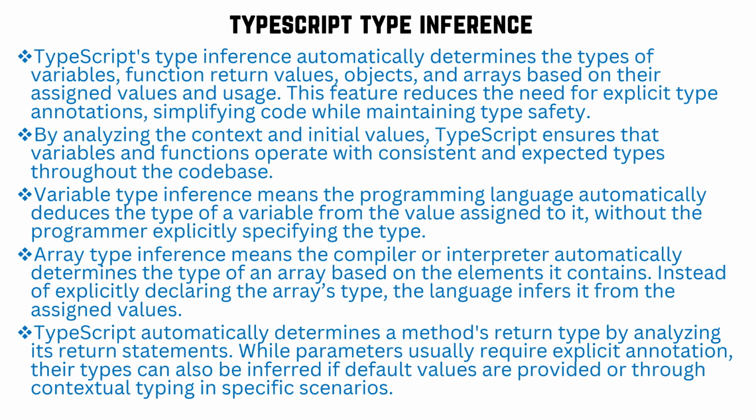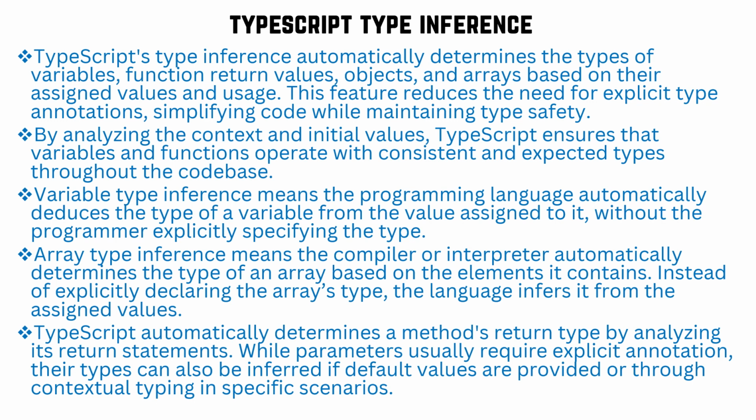TypeScript type inference automatically determines the type of the variable, function return value, object, and array based on their assigned values and usage. This feature reduces the need for explicit type annotation. It will simplify code while maintaining type safety.